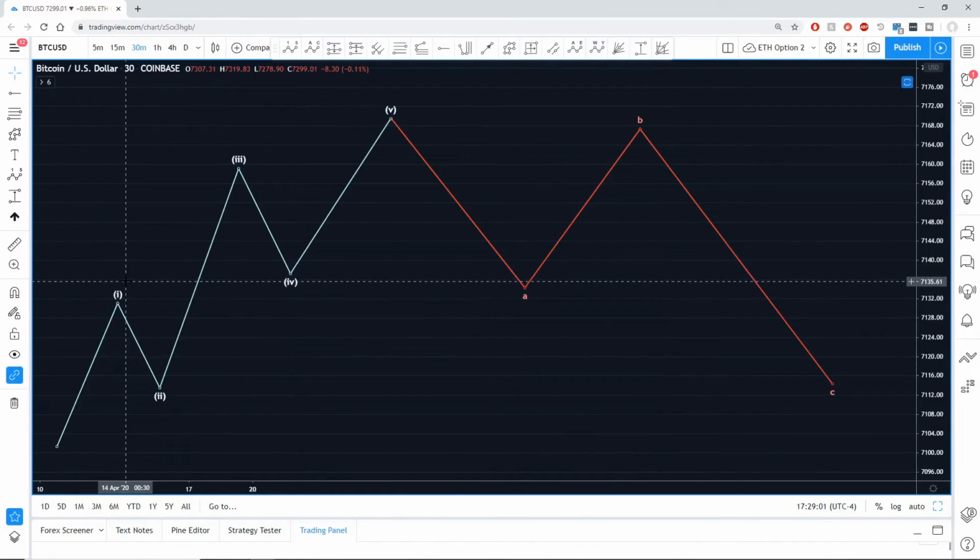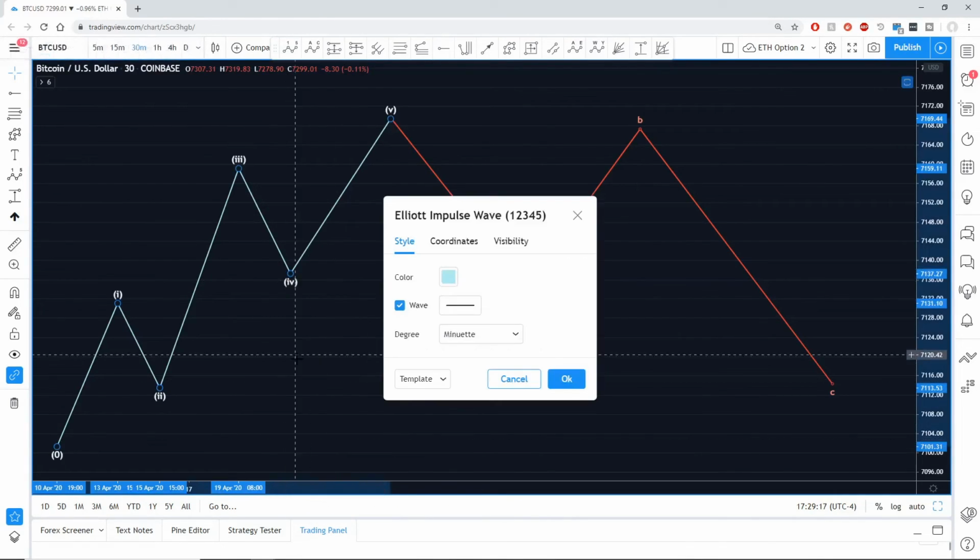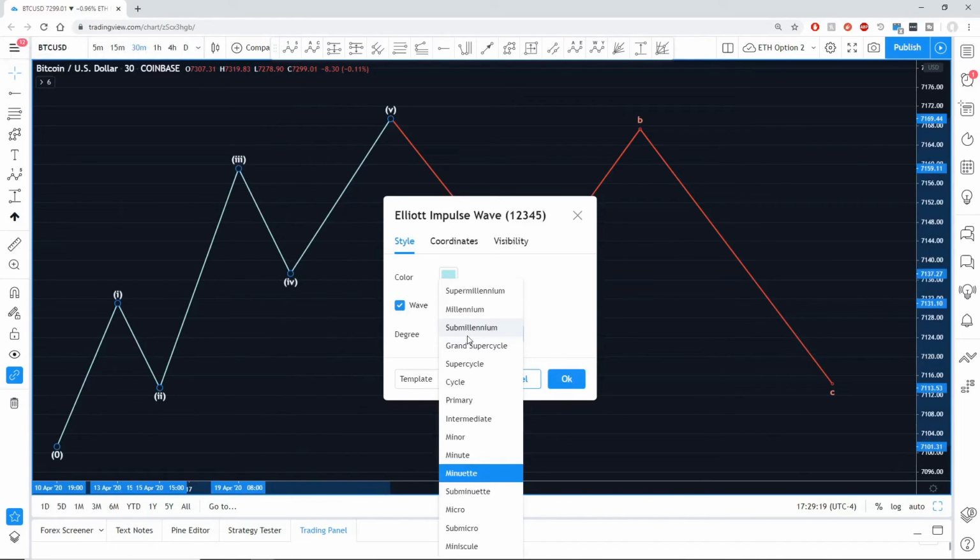The other thing you notice that I was briefly going over as I was creating these is that there are many different degrees you can set these levels on. And since we have waves inside of waves, getting these degrees correct is really important for understanding where we are in the larger cycle. So if you just open the settings here and choose degree, you can see how many different degrees there are. Now, where we actually are in degrees is not super important.